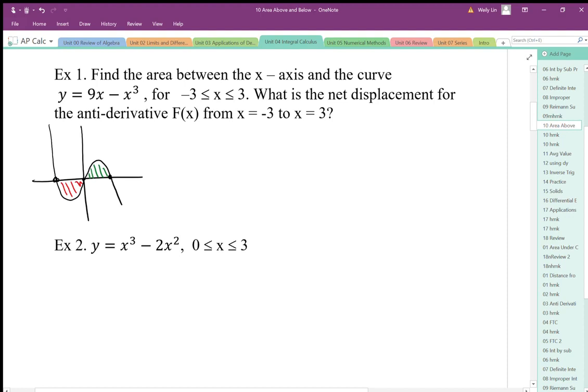We're going to calculate the area, and we're going to use the fundamental theorem of calculus, in that the area under the curve is equivalent to the displacement on the antiderivative of the original function. So we're going to anti-differentiate this.